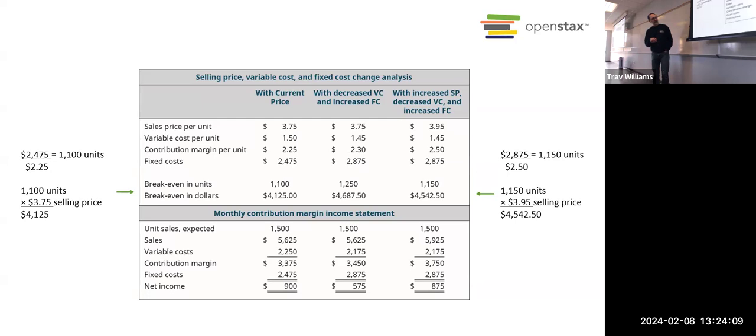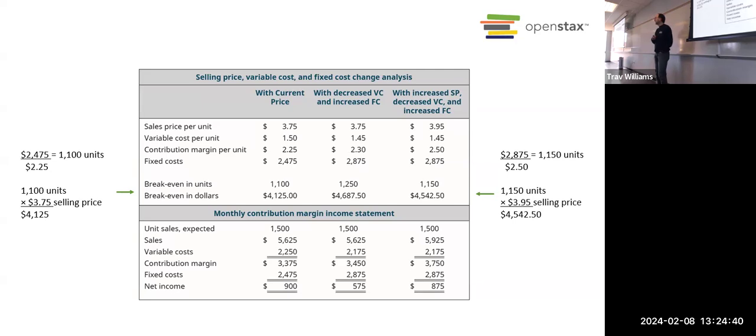Let's look at the bottom line. Let's look at the net income for these 3 scenarios. If we are primarily concerned with our profits, which of these 3 scenarios is going to make us most profitable? The current, right? Based on this analysis, maybe we should just stick with what we've got, unless there's some other reason that means we might want to change.